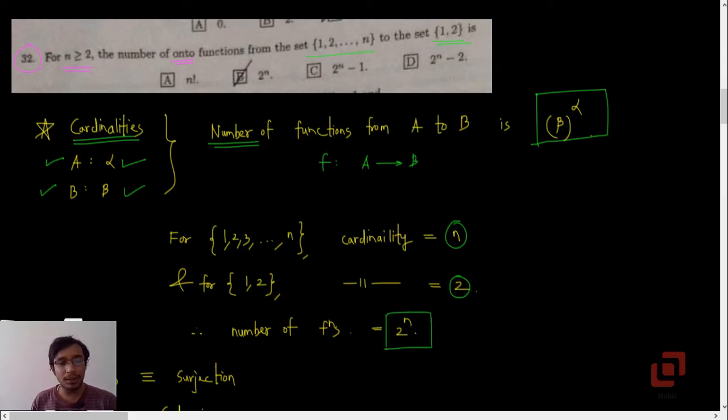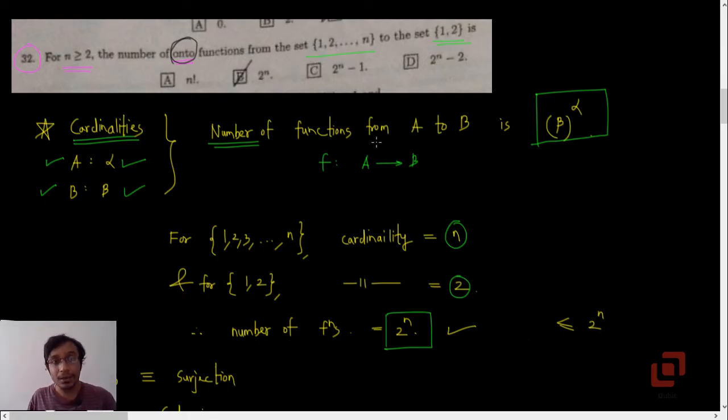But if you read the problem carefully, what they are asking is the number of onto functions. The total number of functions is 2 raised to n, so the number of onto functions will be less than or equal to 2 raised to n. It cannot definitely be more than that.